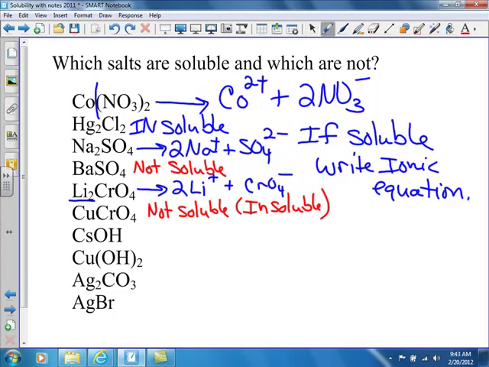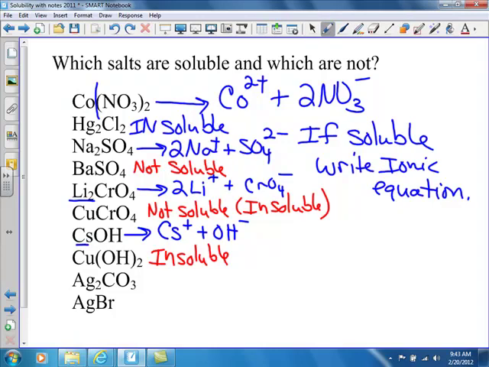Cesium hydroxide: oh, group 1 element, soluble. There's the ionic equation. Copper hydroxide, insoluble. Silver chromate, insoluble.